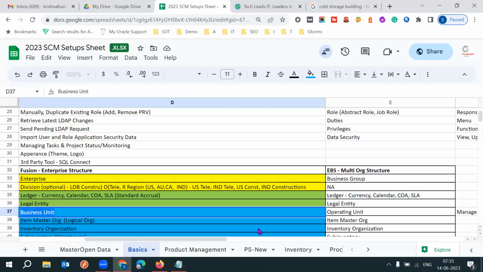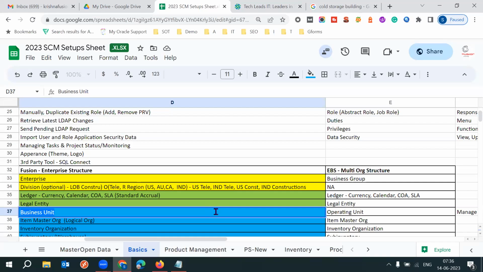Because of that, a lot of improvements have been introduced here. I will explain those improvements and the best features in the next few minutes. This business unit terminology has been taken from the PeopleSoft ERP application. I told you in the demo class that Fusion is a hybrid ERP application. When I say hybrid, the best functionalities have been extracted from different ERP applications: PeopleSoft, Oracle EBS, JD Edwards.